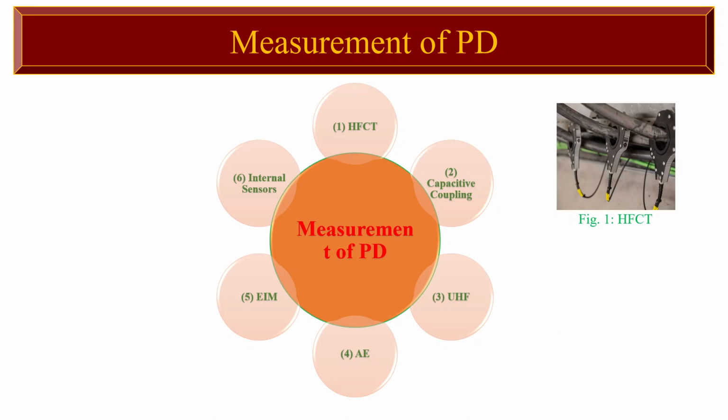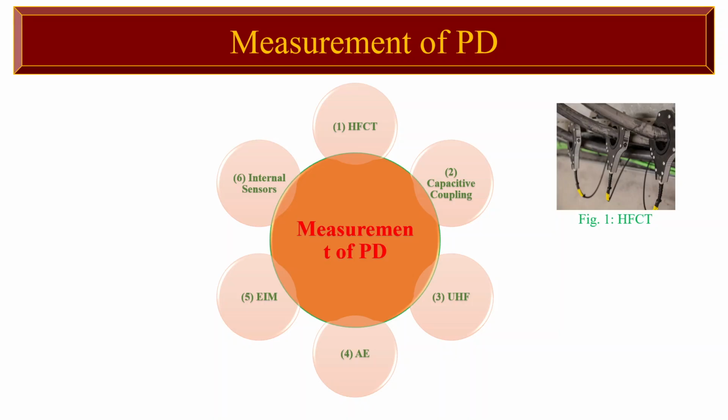Third one, ultra high frequency. Fourth one, acoustic emission. Fifth one, electrical impulse measurement, and the internal sensors. So these are all the techniques or methods to measure partial discharge.